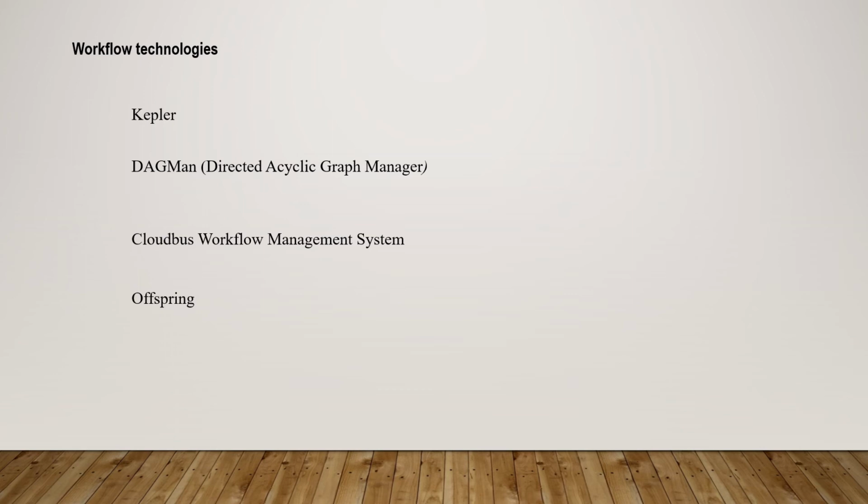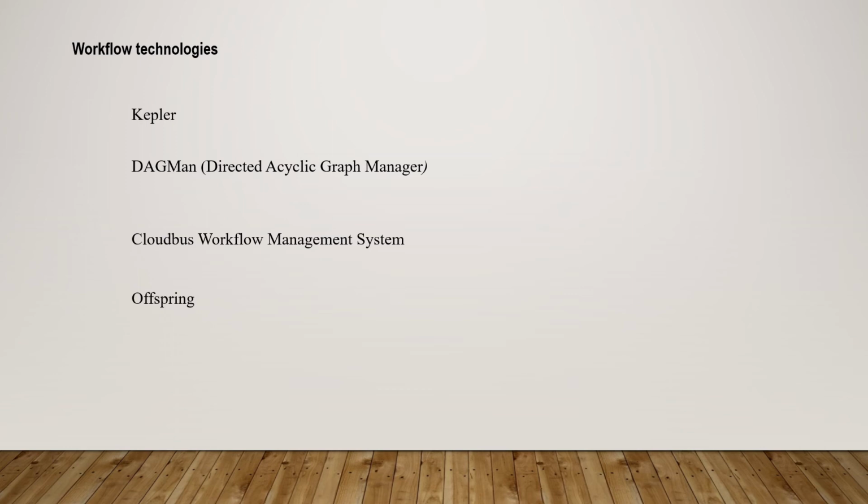DAGMan, directed acyclic graph manager, that is DAGMan. It is a part of Condor, which we have already discussed in our previous section. It is a part of Condor and constitutes the extension to the Condor scheduler to handle the job interdependencies.